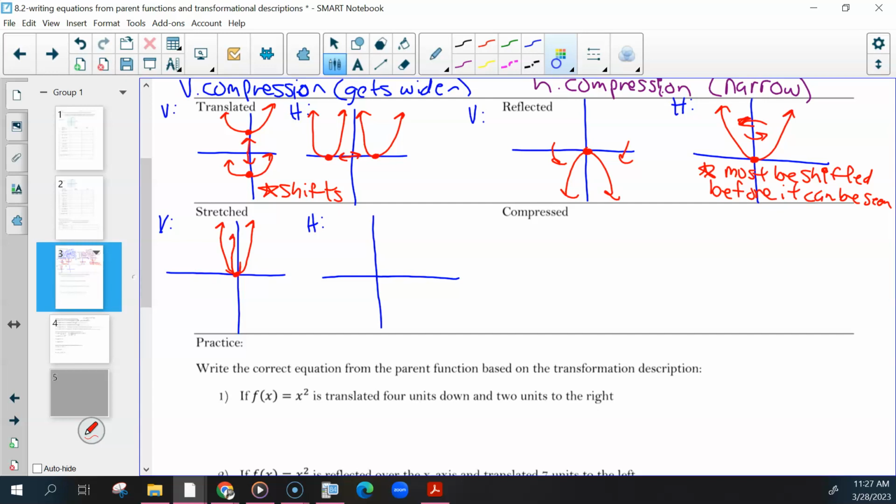And then I'm going to draw arrows inside of that to show it's going towards the y-axis. So do that to the best of your ability. And then I'm going to write that as a side note. It's stretching towards the y-axis. So it gets narrow.